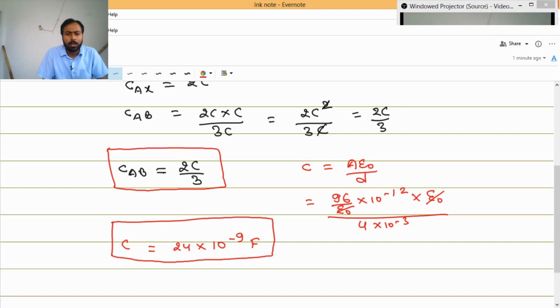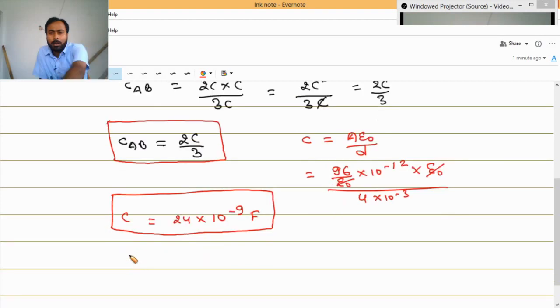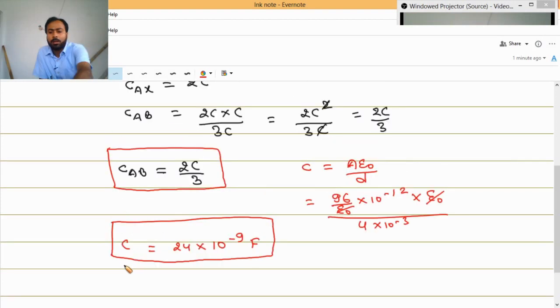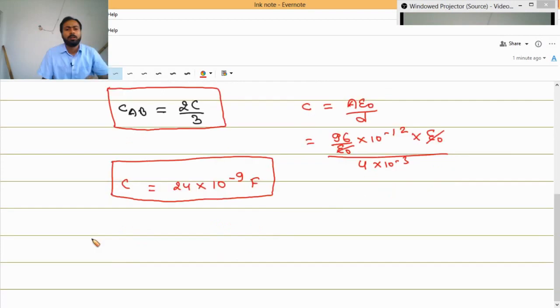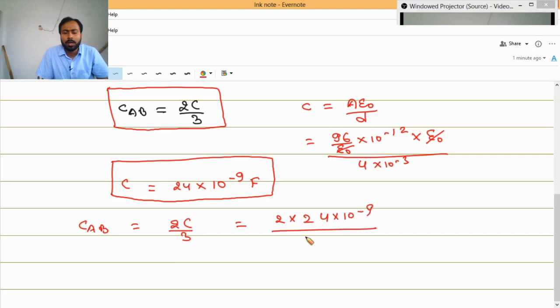So in this way the individual capacitance is evaluated, but what we need is the effective or equivalent capacitance. So in between A to B, the equivalent capacitance is 2C by 3. So we write 2 into 24 into 10 to the power minus 9 by 3.